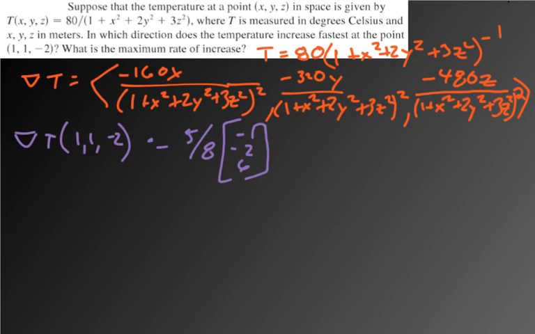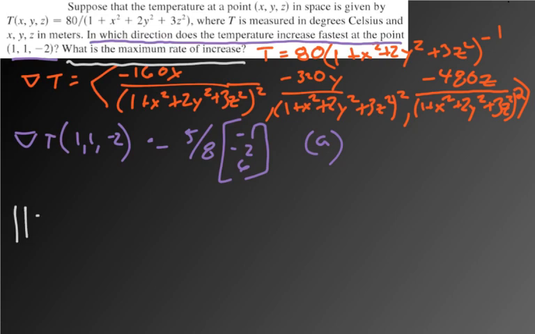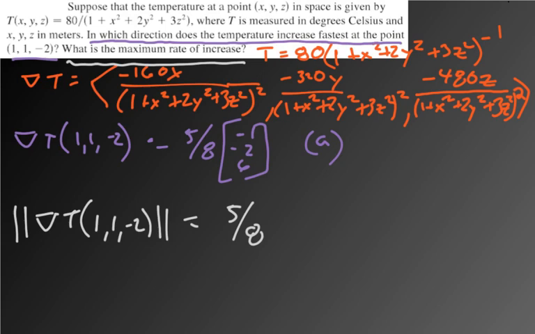That is part A, the direction in which the temperature increases fastest. For the maximum rate of increase, you just need the magnitude of the gradient at that point, which is 5/8 square root of 41, approximately 4 degrees Celsius.